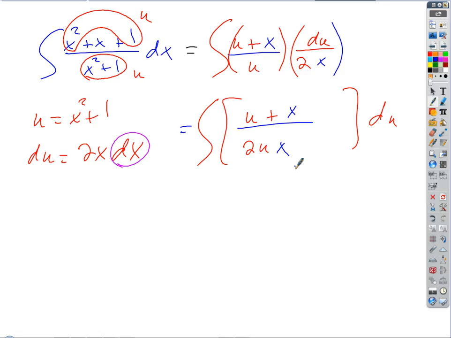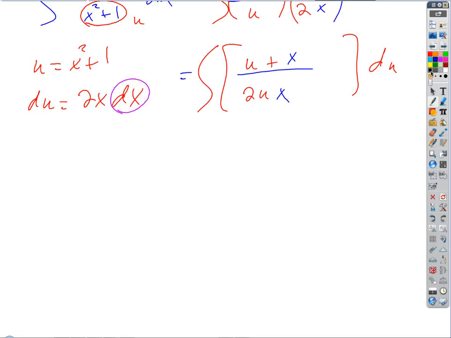So we get 1 over 2x plus 1 over 2u. This is just gonna be so much easier when we do this the other way. But if we split this up, we're gonna break them into different integrals.